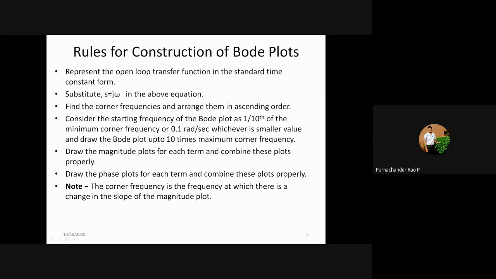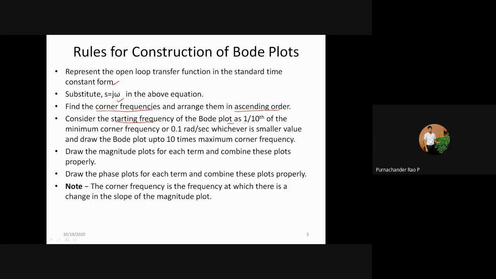these are the rules for the construction of Bode plots. First one is represent the open loop transfer function in the standard time constant form. Then substitute s is equal to j omega. Then find the corner frequencies. Once you get the corner frequencies, arrange them in ascending order. After that, we need to consider the starting frequency of the Bode plot.